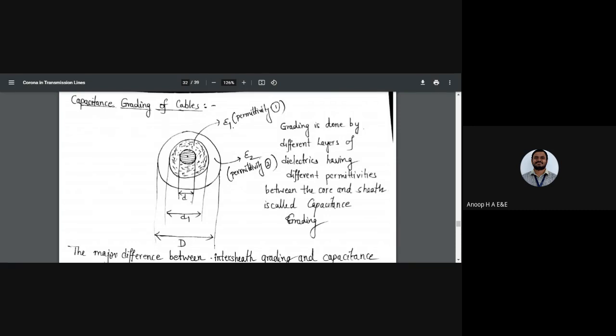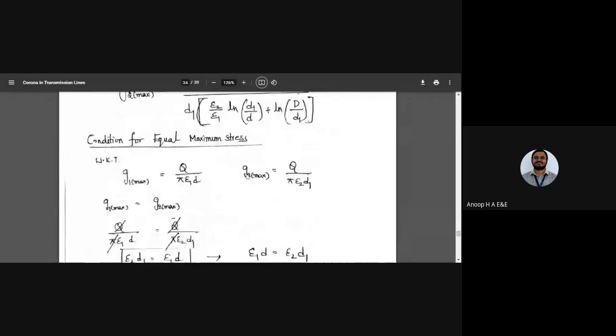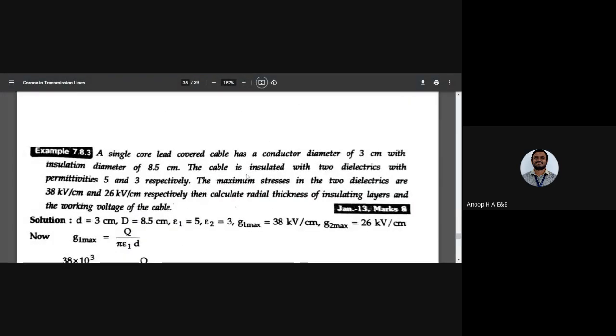Moving on to the next part of the content, that is the numerical problem. Write down the problem. A single core lead covered cable has a conductor diameter of 3 centimeter with insulation diameter of 8.5 centimeter.